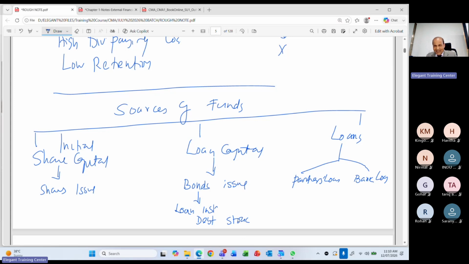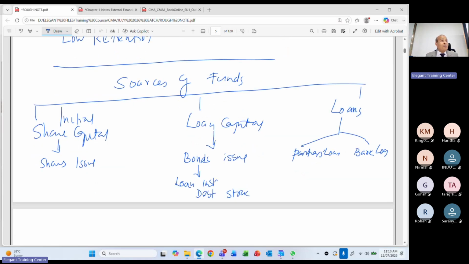So when a company issues bonds, it means the company is raising loan capital, also called borrowed capital. Bank borrowings are not borrowed capital.